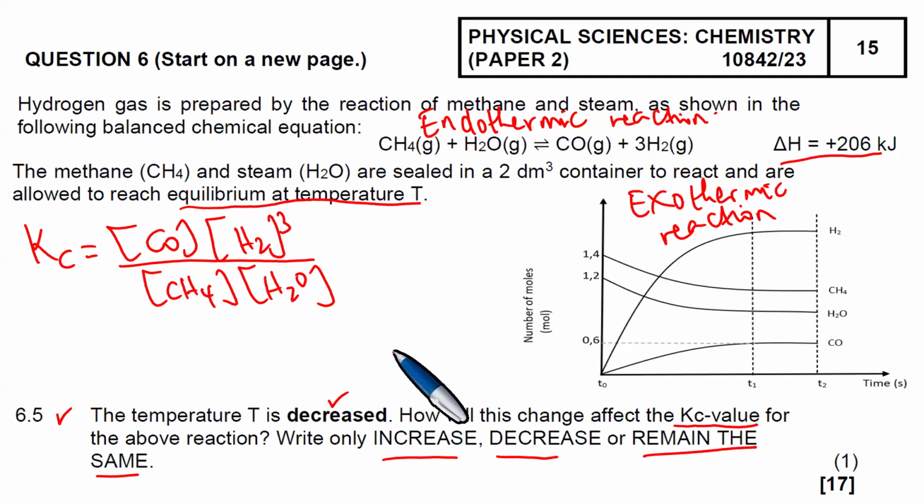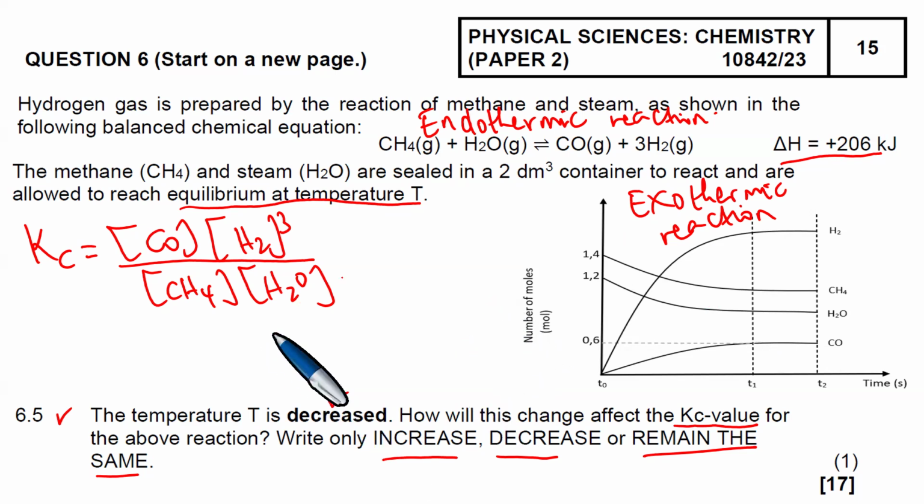The difference is in the fact that endothermic requires heat to go on. In other words, endothermic absorbs heat, but exothermic releases heat to the surroundings.